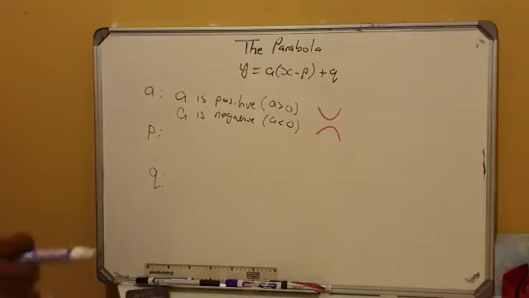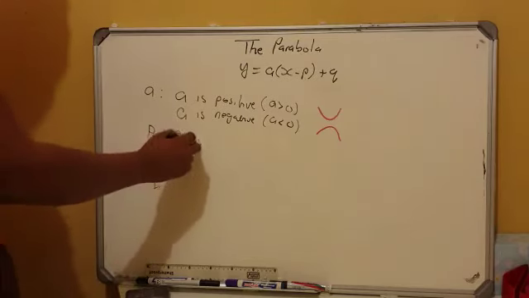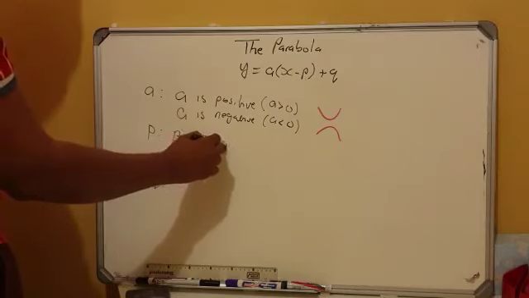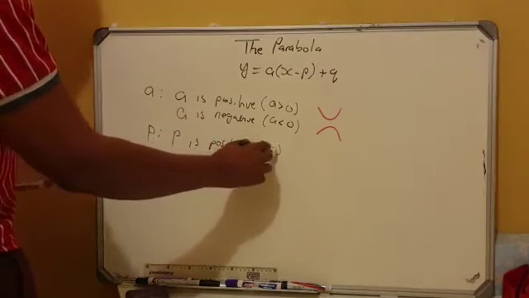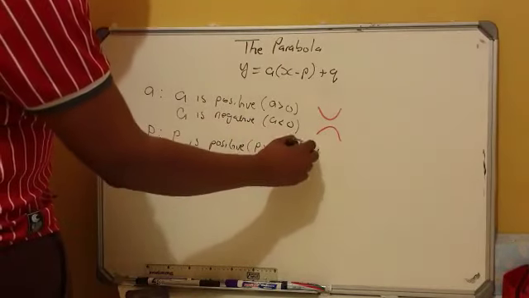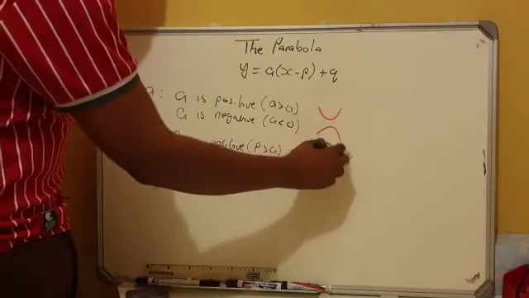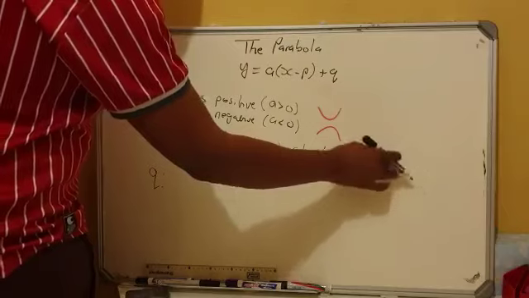Okay, so now coming to p, which is the most critical part. That is why I had to do this video. P confuses a lot of people. So this is it. When p is positive, meaning when p is greater than 0, the graph shifts to the right.